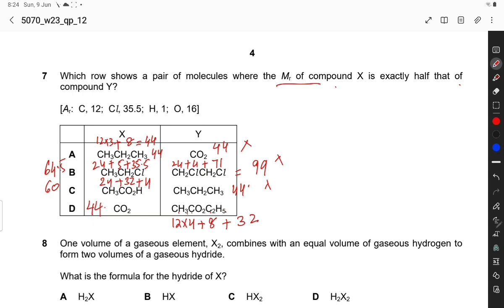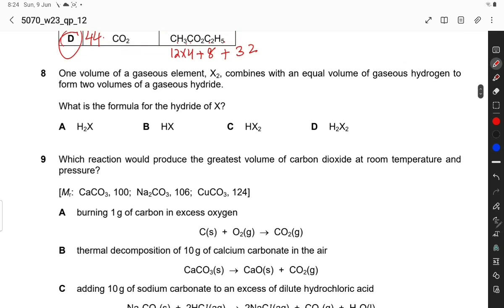This is exactly, X is exactly half that of compound Y. D option is the correct option.